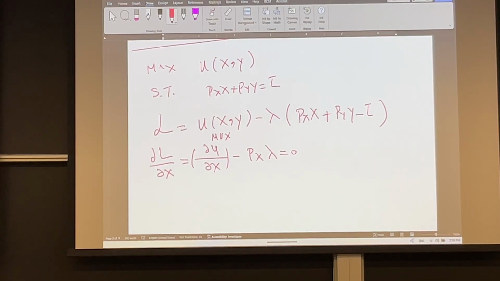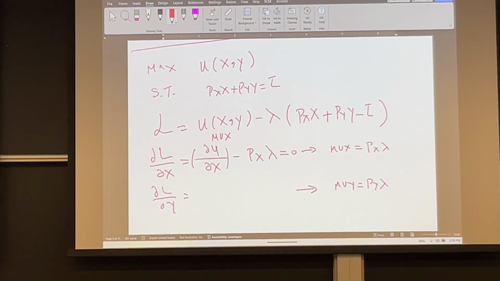So this gives you MUx equal to this. Do the same thing for y. By the same token, that gives you MUy equal to Py lambda. Make sense? I can easily eliminate lambda.